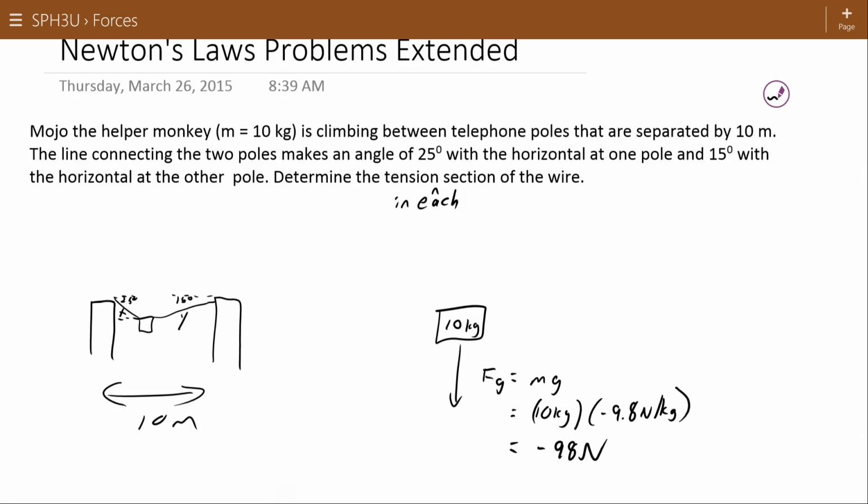Also note that if this angle here is 25 degrees, this angle right here will be 25 degrees as well.